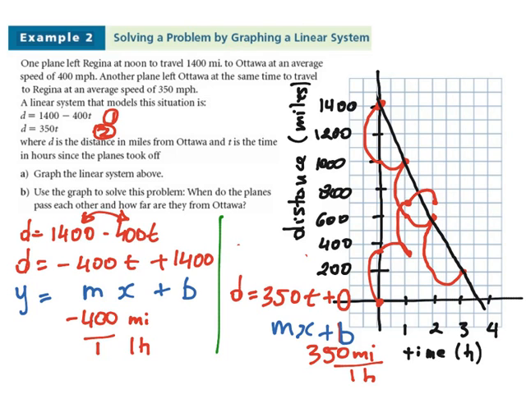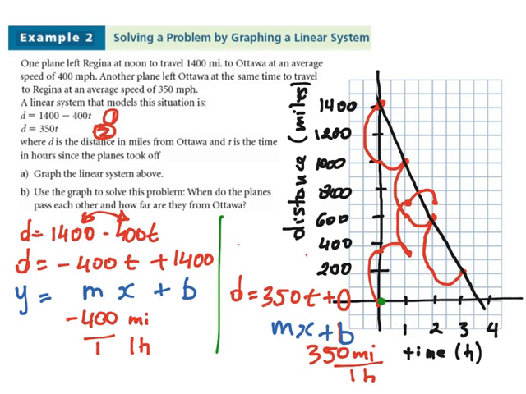I'm just going to use a different color to make sure that we don't get those dots confused. And for the next hour, we'll travel another 350, and 700 plus 350 is 1,050.